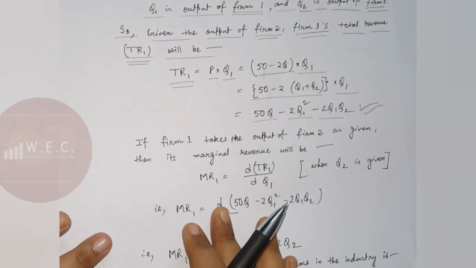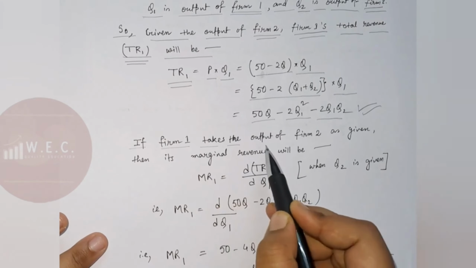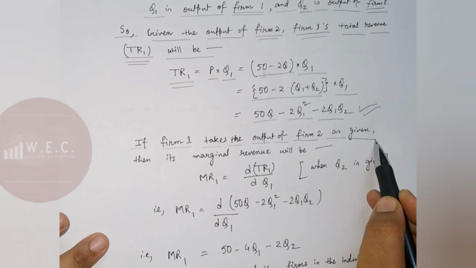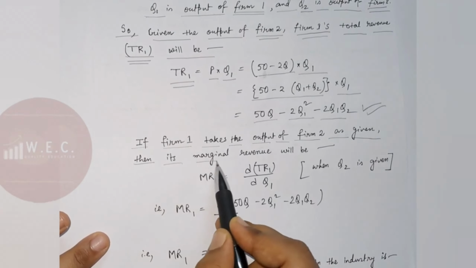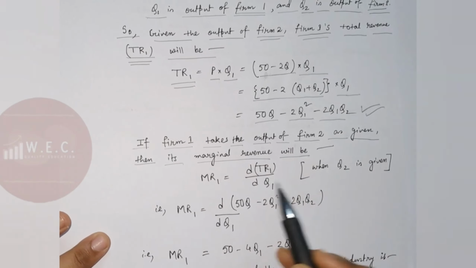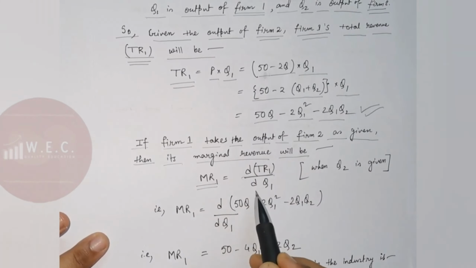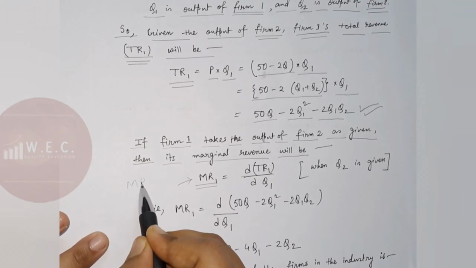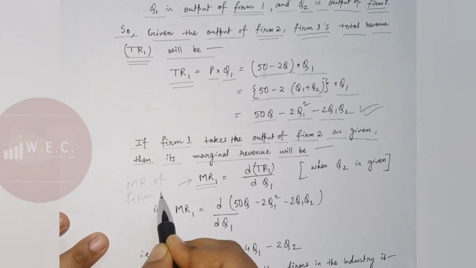Now if firm 1 takes the output of firm 2 as given, then its marginal revenue, MR1, will be the derivative of TR1 with respect to Q1 when Q2 is given.